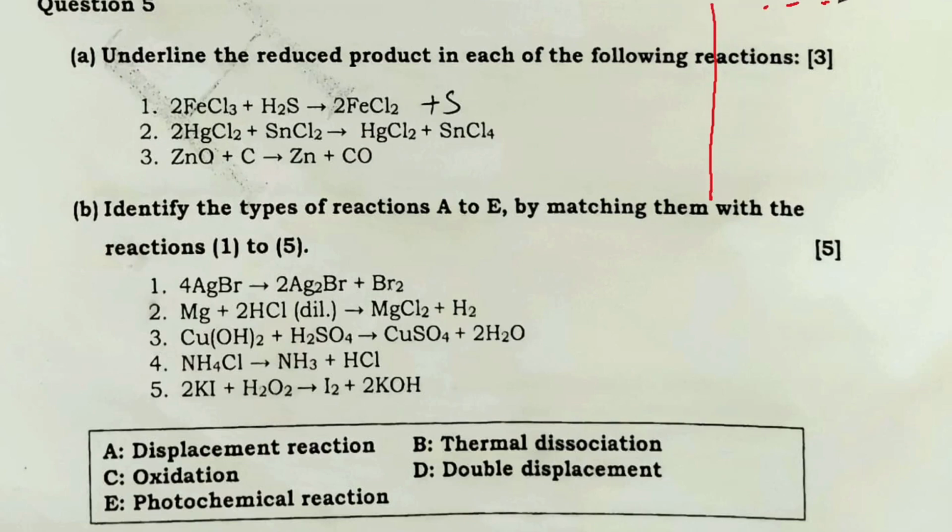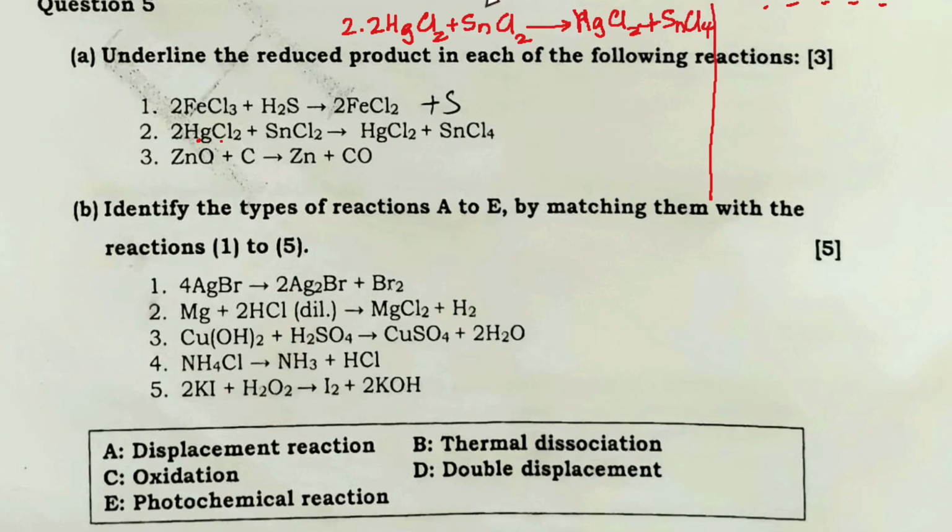So I have reduced product over here and I'm writing this reaction: 2HgCl2 plus SnCl2 is going to become HgCl2, SnCl4, correct?